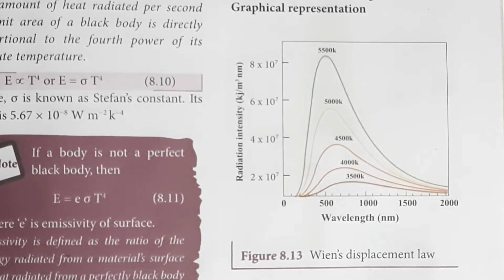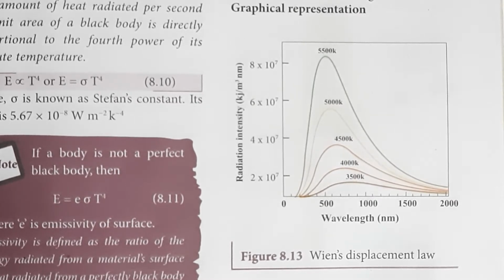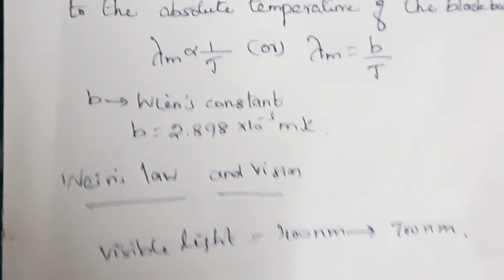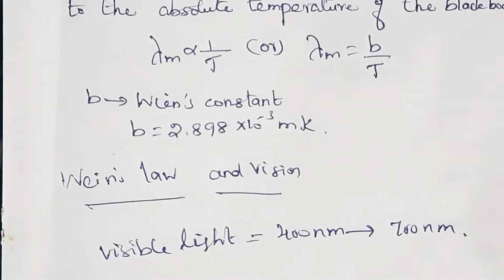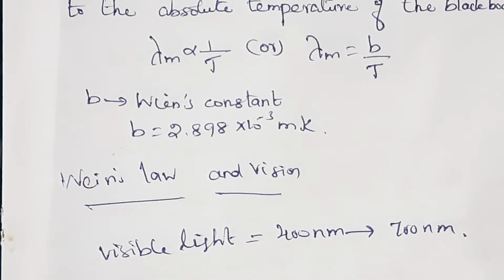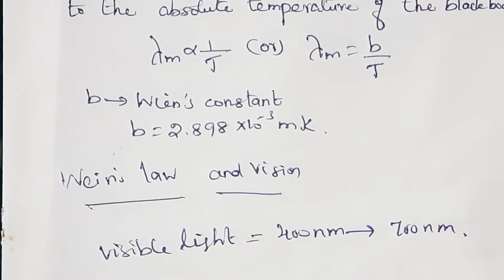Now there is a point given: Wien's law and vision. Vision means what we are able to see. With the help of our eye, we can see the visible wavelength alone. We know that the sun gives the electromagnetic spectrum.